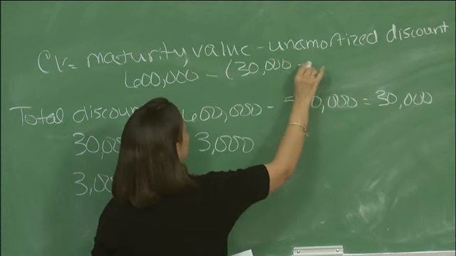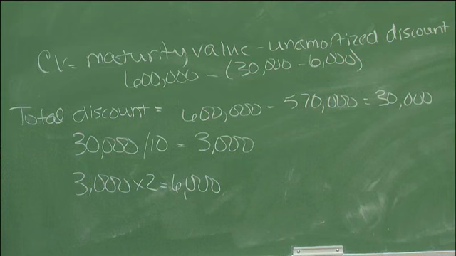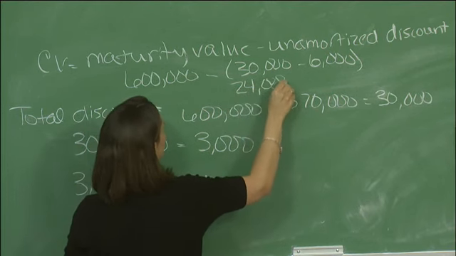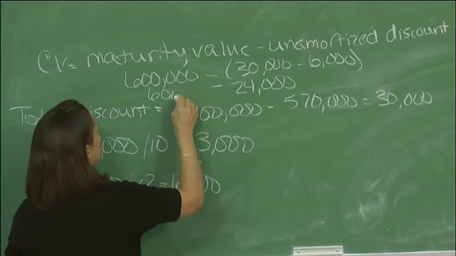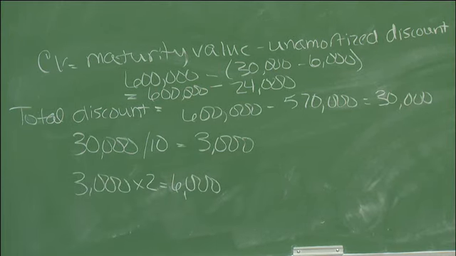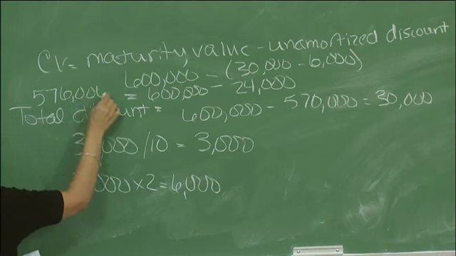Start with a discount of $30,000. We amortize $6,000 over those 2 interest periods, which means we have $24,000 remaining. So our carrying value is $600,000 minus the $24,000, or $576,000.